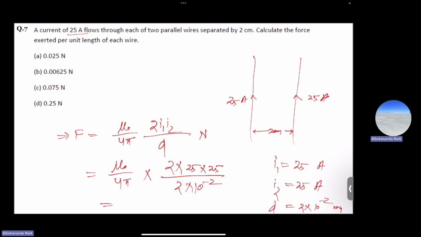That implies, so mu 0 by 4 pi is 10 to the power minus 7. So it is 625 into 10 to the power minus 5 Newton. So F equals 625 into 10 to the power minus 5 Newton, which equals 6.25 into 10 to the power minus 3 Newton.